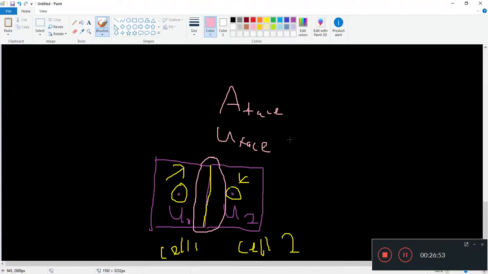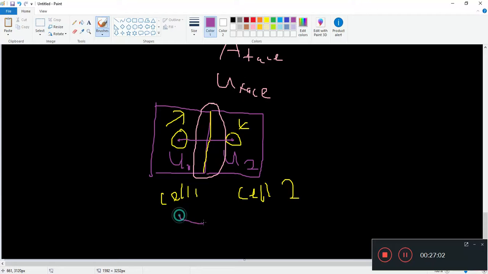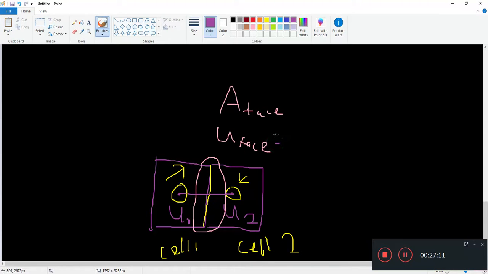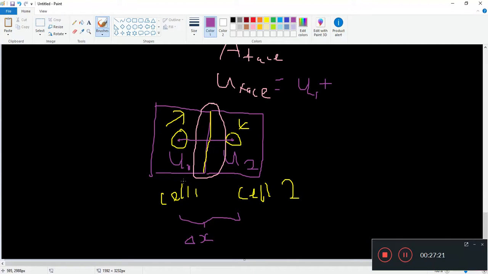One simple way is to do a linear interpolation between these two U's. So for example, if we have this distance delta x, the U face can be equal to U1 plus the gradient, delta U over delta x, which is U2 minus U1 over delta x, and then we multiply by the distance here.